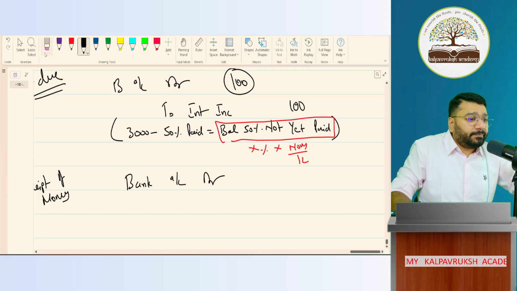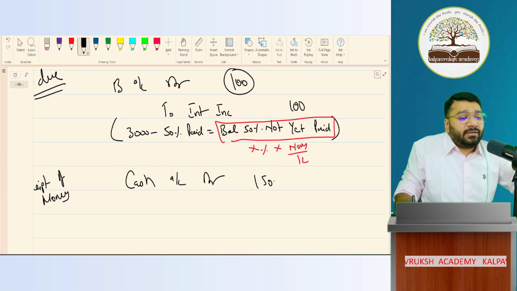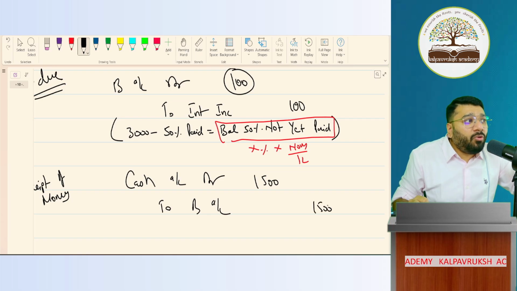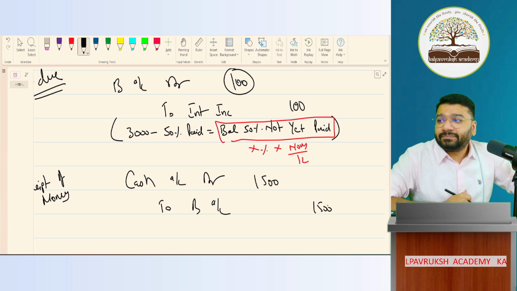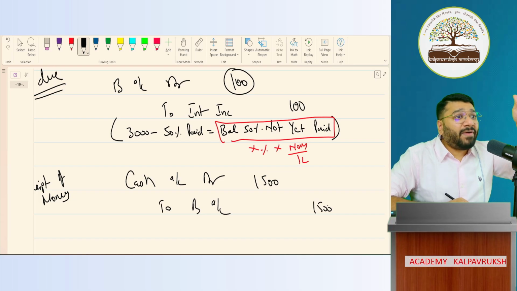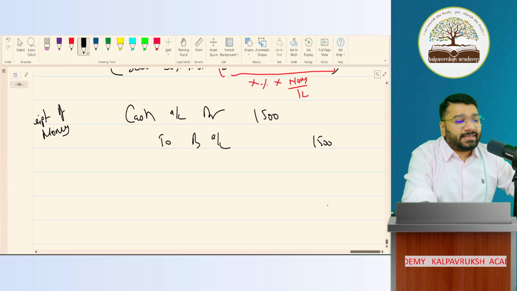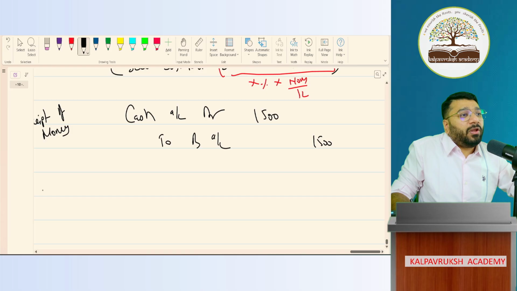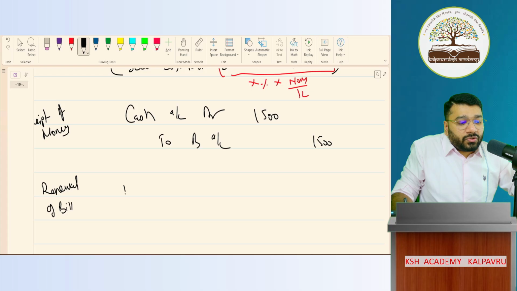So cash account debit, 1,500, to B account 1,500. How much is the balance in B's ledger? 1,500 plus interest of 100, 1,600. So for that, renewal of the bill. So the balance in B's ledger is 1,600, for which I am executing BR4.